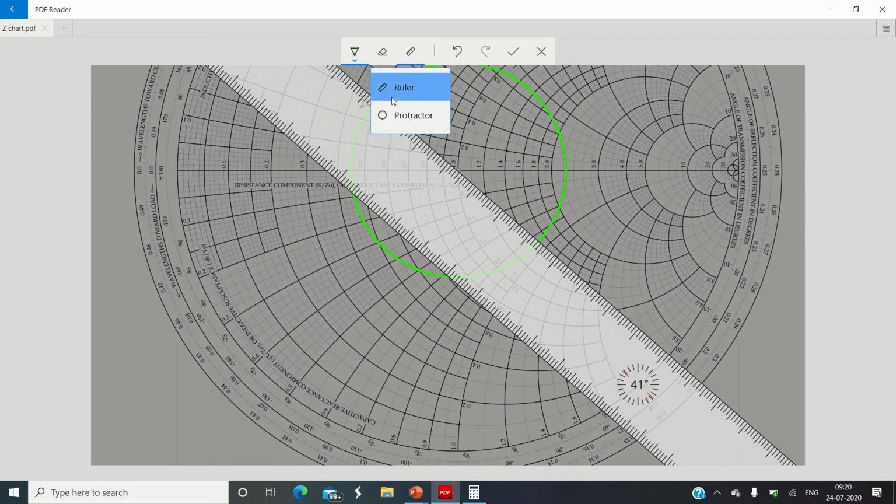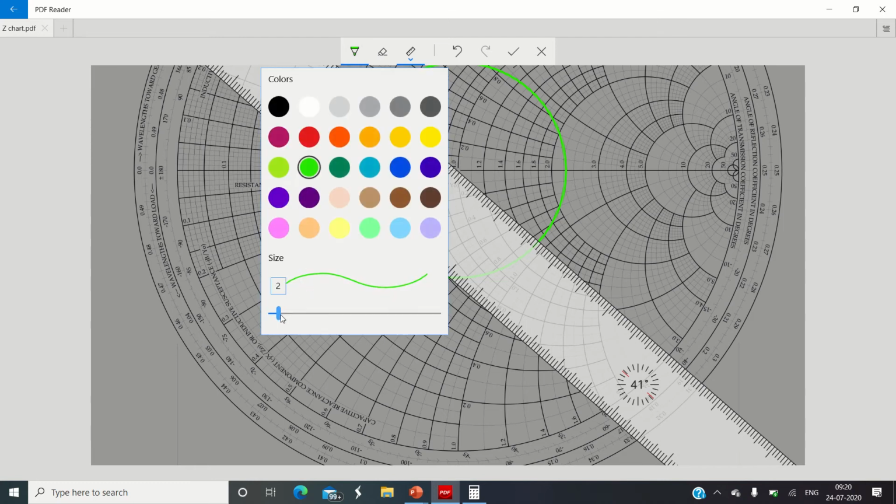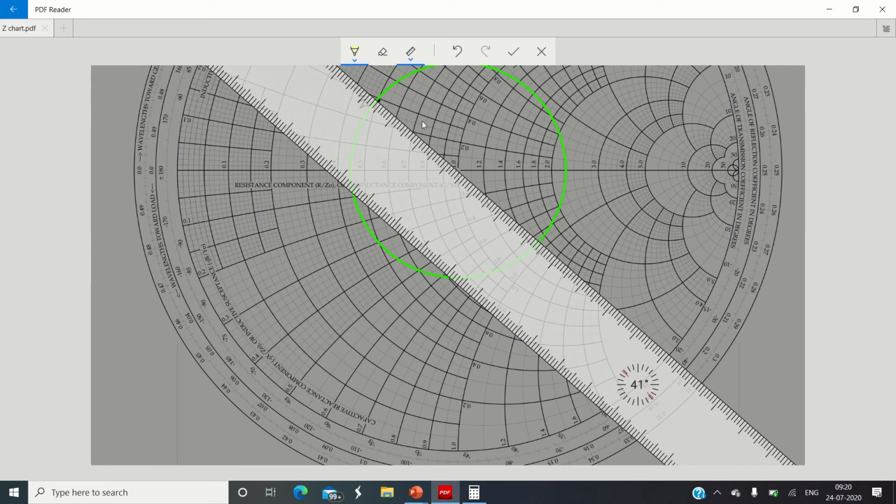Here I will select the yellow color as usual for labeling the lines, and I will join the ZL bar point with the center of the Smith chart and extend that line on the opposite side in this way.